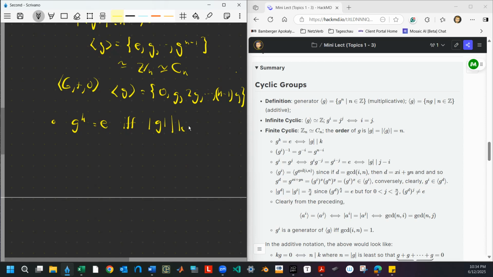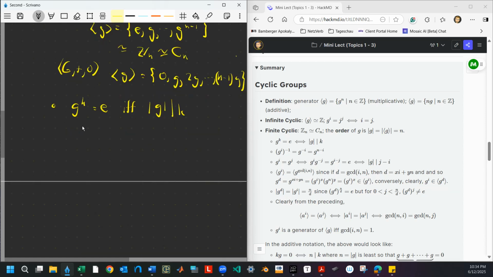That's what I claim. Now, what have we already proved? We've proved that what ⟨g⟩ is here is the set e, g, up to g^(n-1). We're assuming here that the order of g is n, that's part of the assumption here. Okay, and so this right here would be n. n divides k, right?